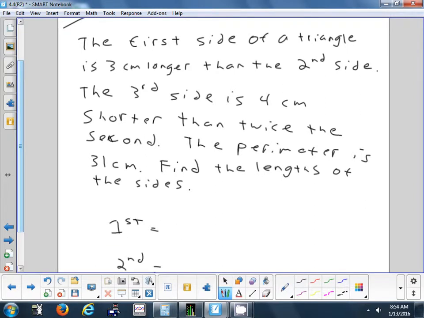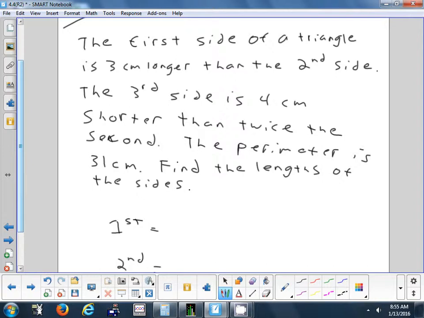Now, reading that first sentence, which thing there do you think is going to get the single variable? First side or second side? Which one? First one? Okay, how come? Where's the key location you look that tells you which one gets the single variable? Where do you look? At the end.